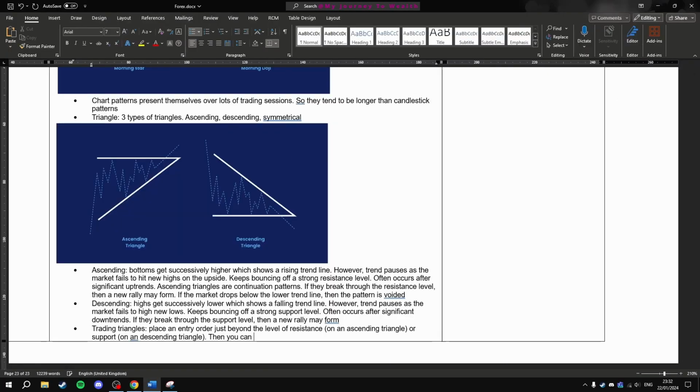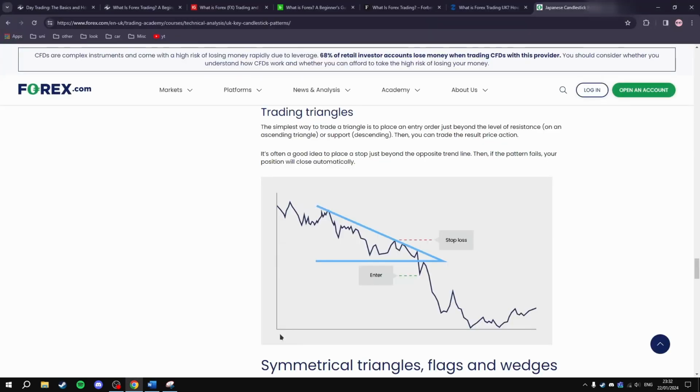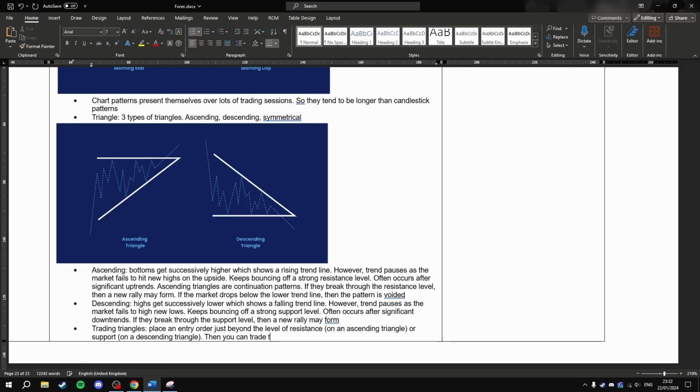Then you can trade the resulting price action.